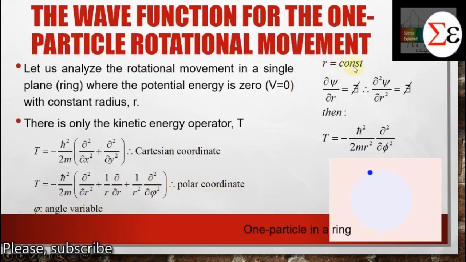Since r is constant, the partial derivative with respect to r doesn't exist. The same occurs for the second derivative. Then we have a simplified kinetic energy operator.